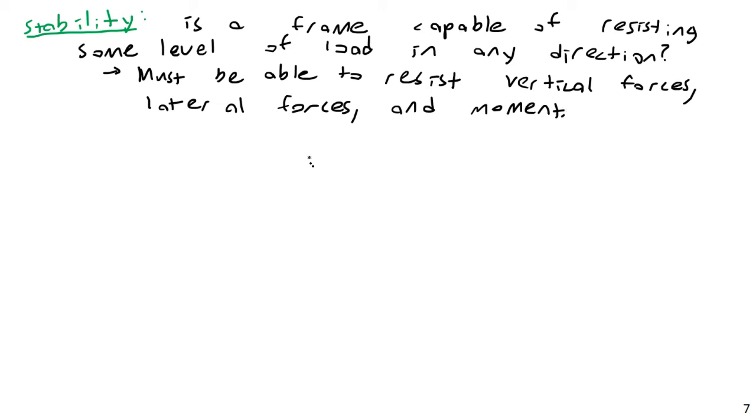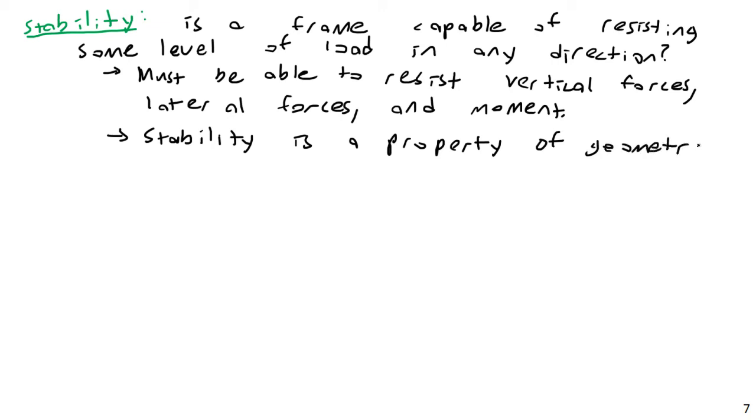So just because something is not actively falling over under the loads that are currently applied, or I can say, stability is a property of geometry alone, rather than applied loads.